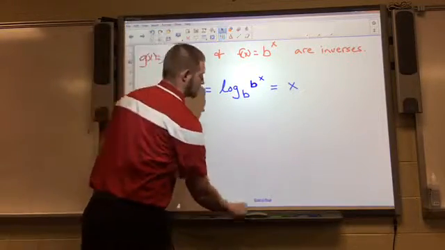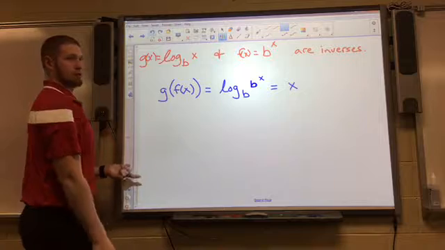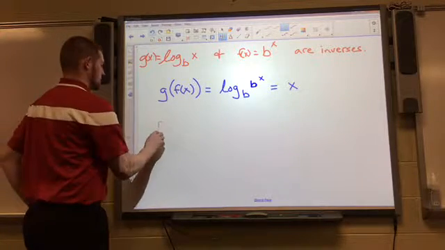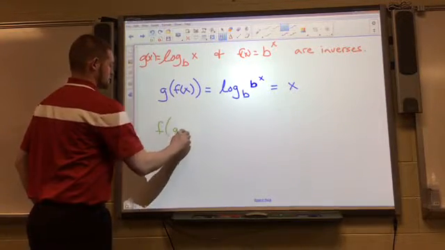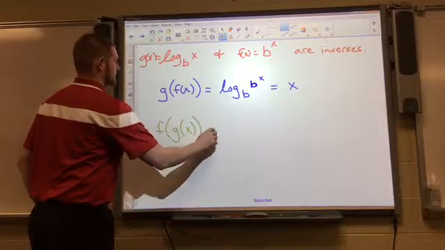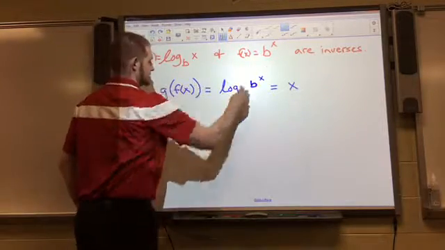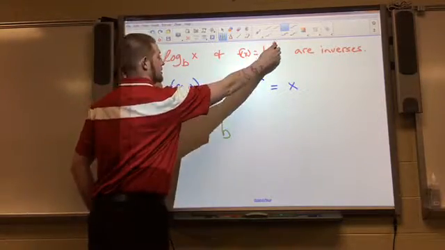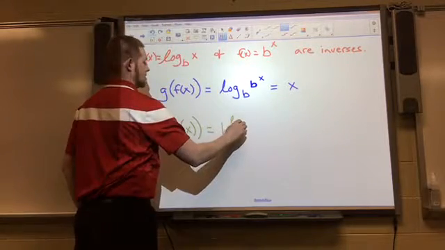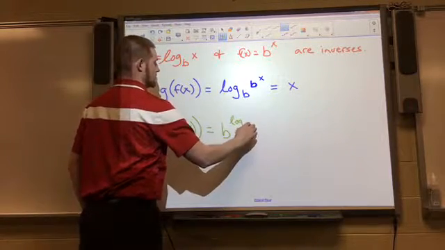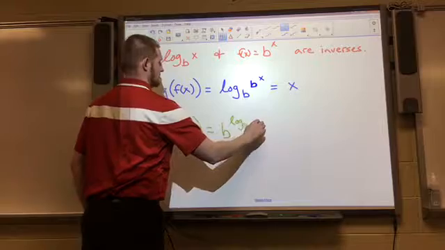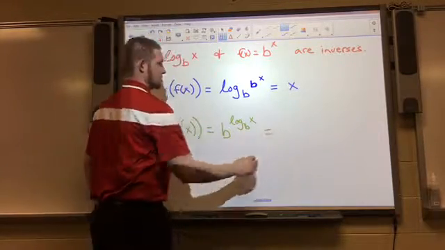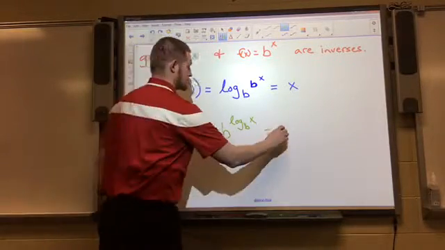Now, should it also work if I did f of g of x? Yeah. So let's do f of g of x. So I have b to the log base b of x, and this should equal x.